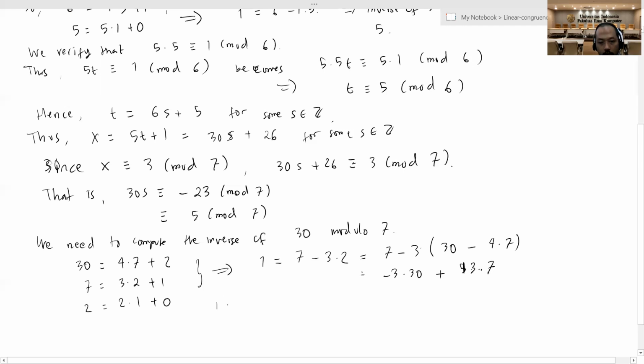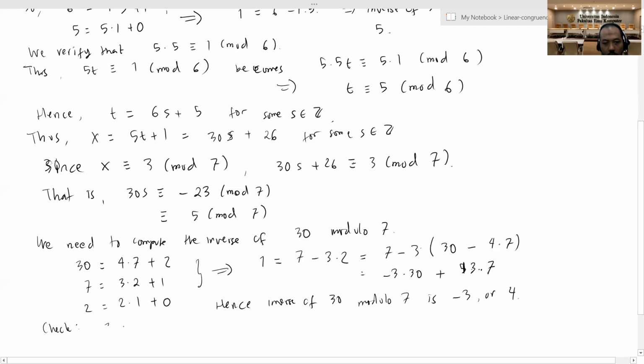The inverse of 30 modulo 7 is minus 3, or well, 4. Now we check. Let's multiply 4 with 30.